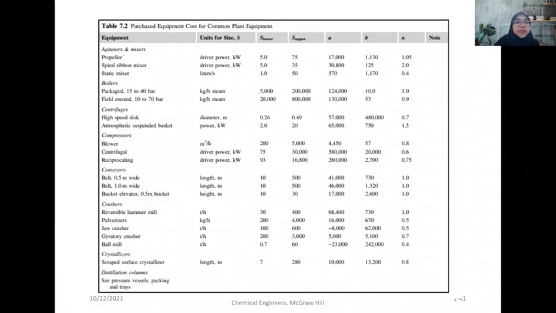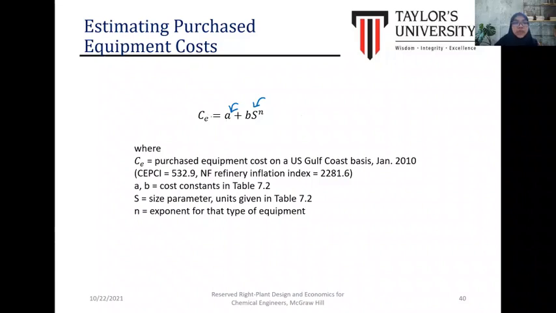So you may refer to this and compare with the existing equipment of the current project. For example, your equipment is a propeller. So what is the size? Okay, the range is lower to upper, and you may insert the values of A, B, and n here into this equation before we can obtain the estimated cost for the equipment.